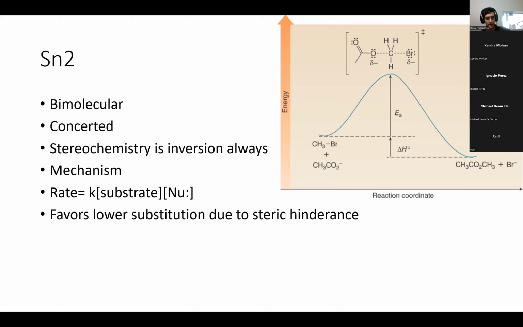Because it's in the rate law, the identity and concentration matter, right? Whereas for an SN1, it doesn't. It's not in the rate law, so it doesn't matter for the SN1.